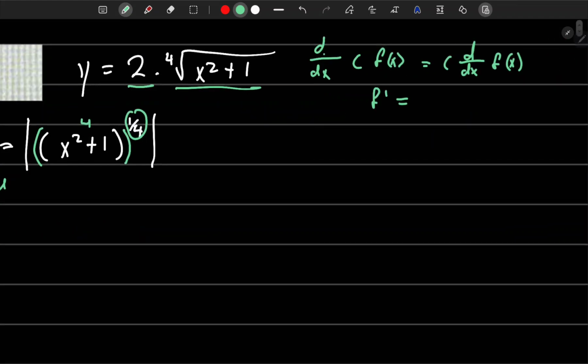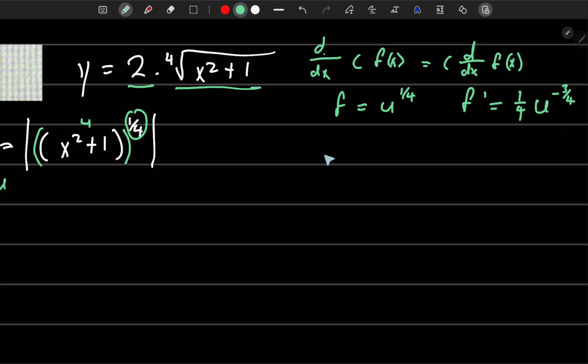So f is equal to u to the 1 over 4, and f prime then becomes, if we apply the power rule, 1 over 4 u to the minus 3 over 4.